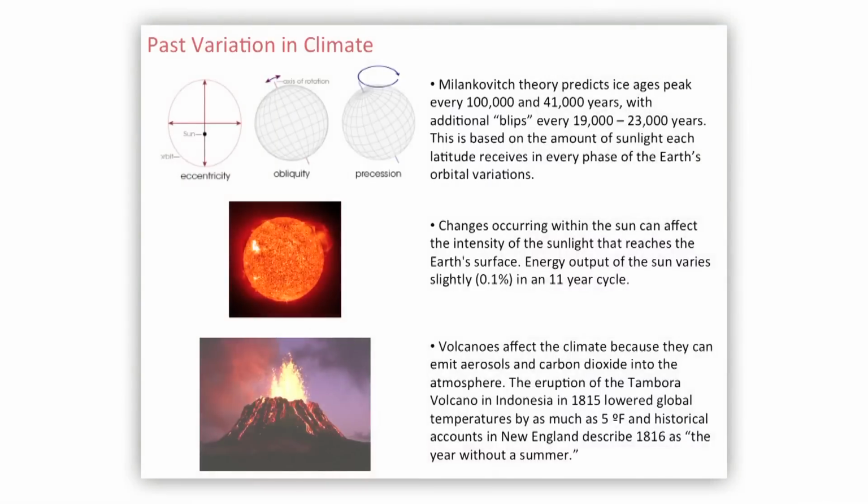You certainly can see that 100,000-year pattern of ice ages in the geological record. The solar intensity also changes, causing some variation in climate. Volcanoes can also affect climate. They can cause aerosols to be in the atmosphere, and that can scatter light and cause cooling periods.